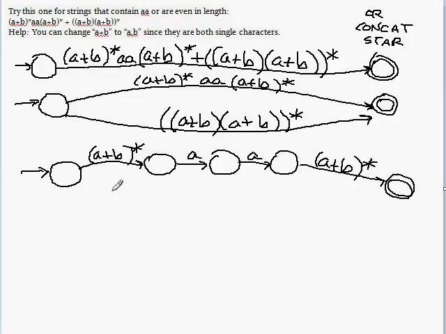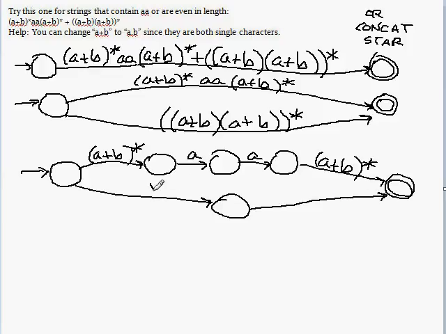Now the bottom road, this one, these ORs are inside parentheses. I can't do them. And the concatenation of these two pieces is inside this big star thing. So I have to get rid of the star first. Now remember, star always has you add one extra state. Here's my funny looking one extra state.